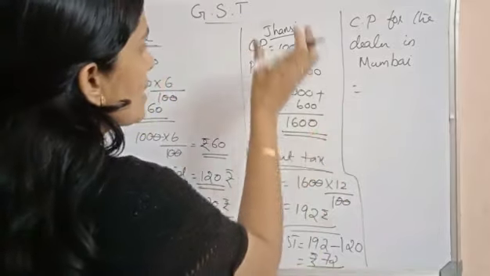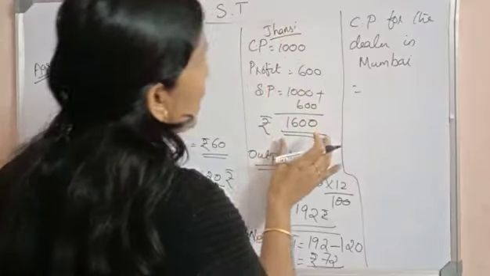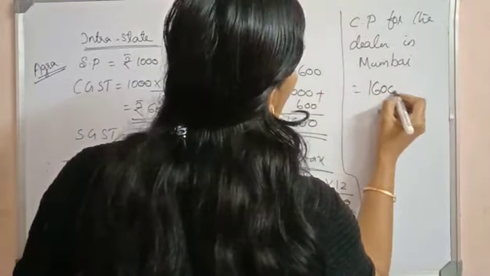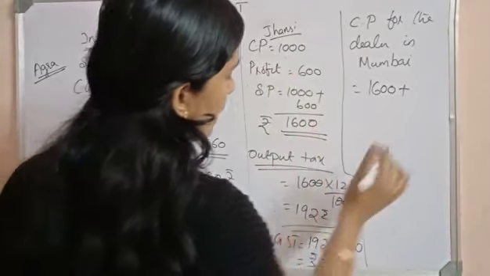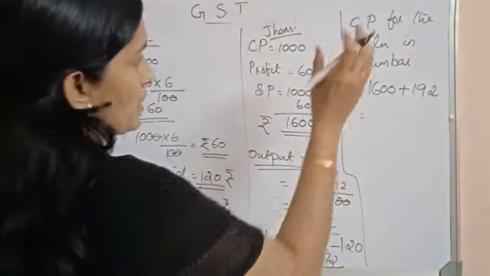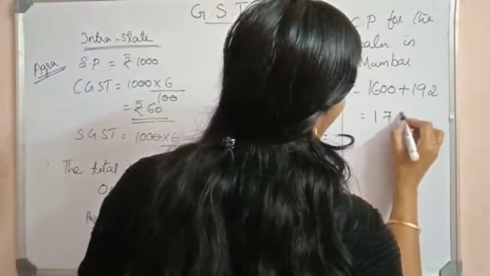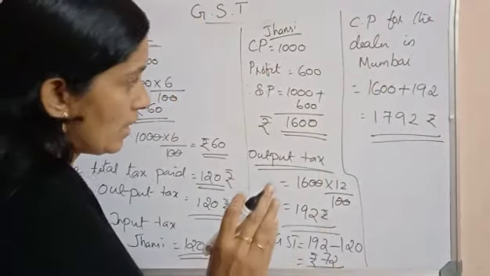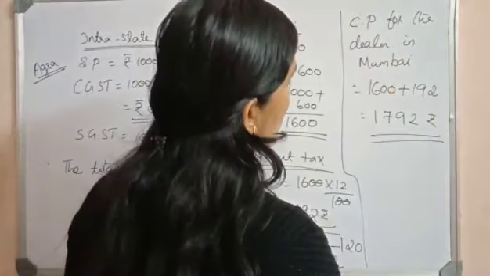Here the selling price, that is from Jhansi, the dealer is selling at a cost of 1600 to the dealer in Mumbai. Therefore, the cost price is 1600 plus the GST paid by him. The GST for 1600, we have seen, is 192, and therefore the cost price for the dealer in Mumbai is 1792 rupees. Here the dealer in Mumbai is the end user. Therefore, this dealer cannot claim the tax on the same transaction.